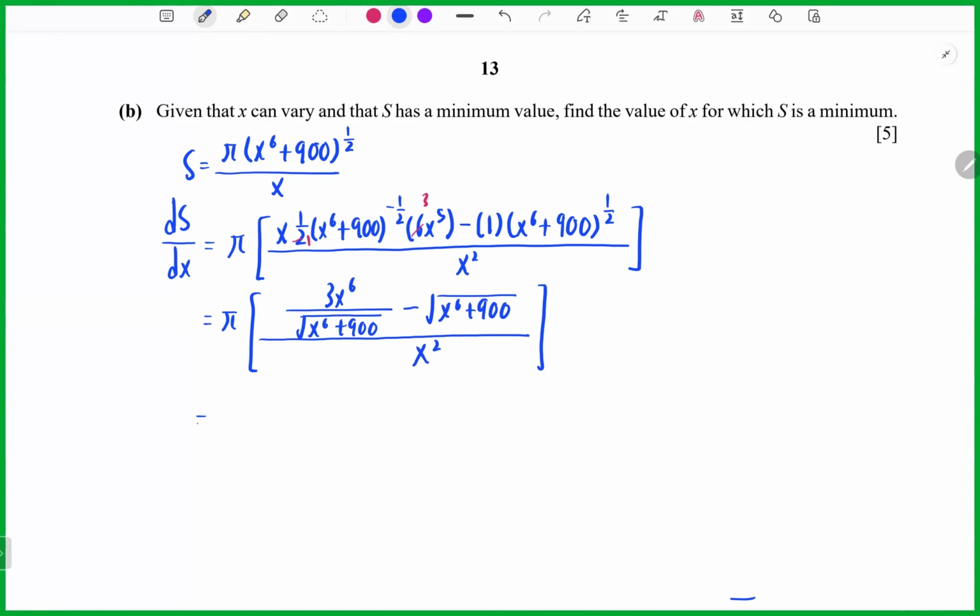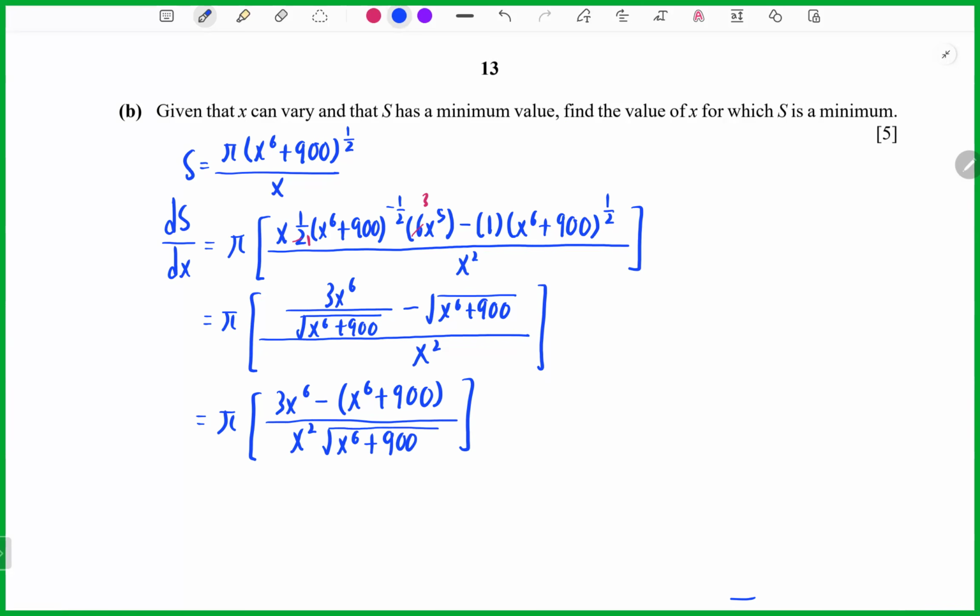So I can write here pi, 3x squared and then minus x power 6 plus 900, over x squared, over the square root of x power 6 plus 900 here.